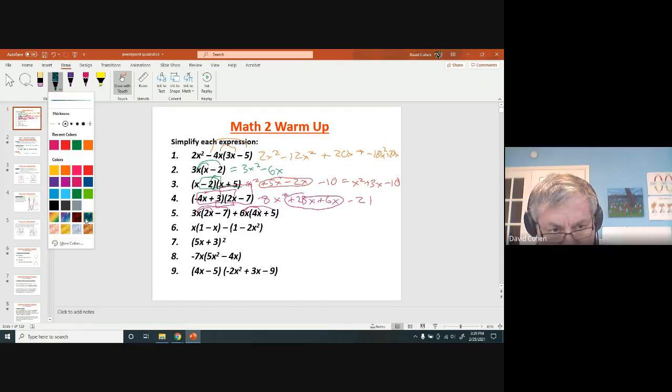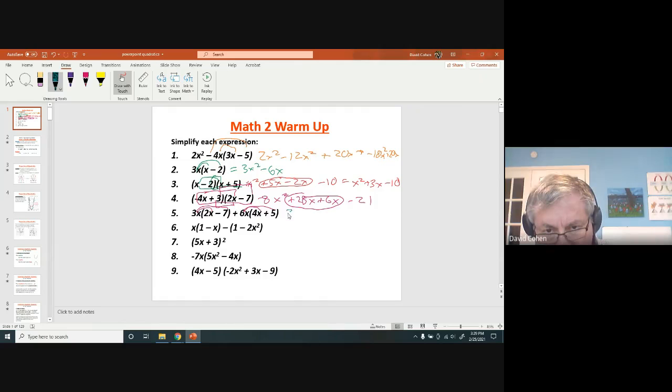This one was kind of weird from yesterday. We used this, I think it's called asteroid. So I have 6x squared, 24x squared, that's 30x squared. And 3x times negative 7 is negative 21x, plus 30x is going to be minus 9x.